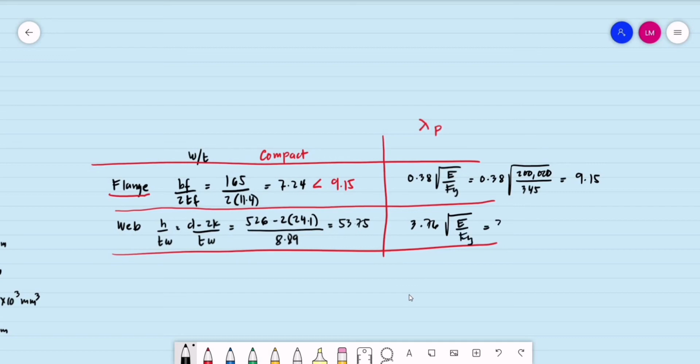So this is the same as 3.76 times the square root of 200,000 divided by 345 megapascals.